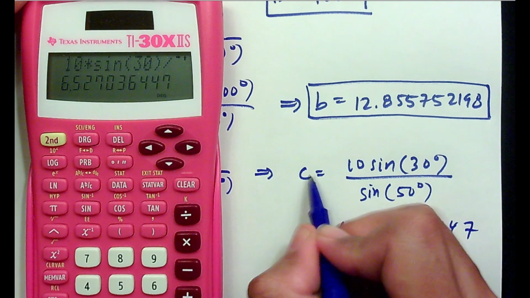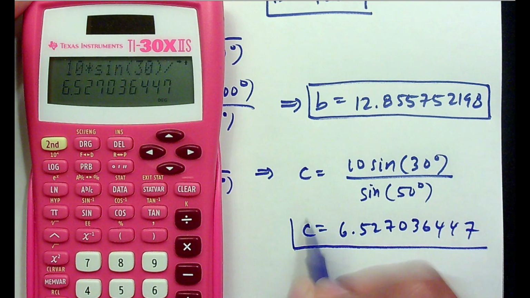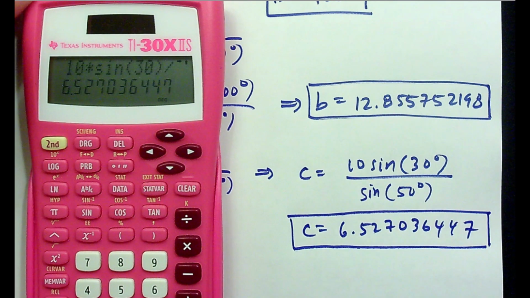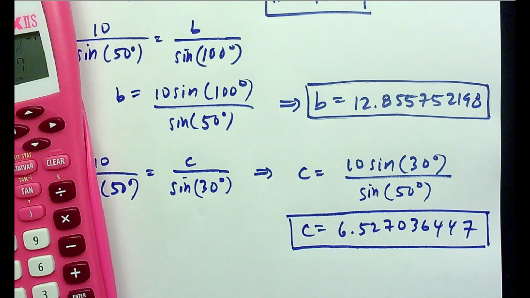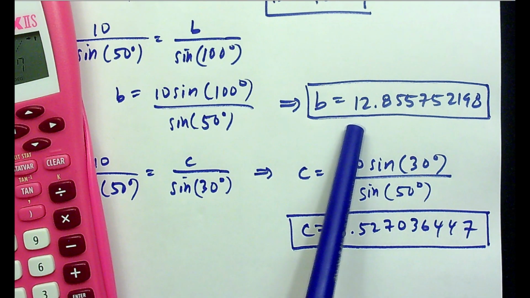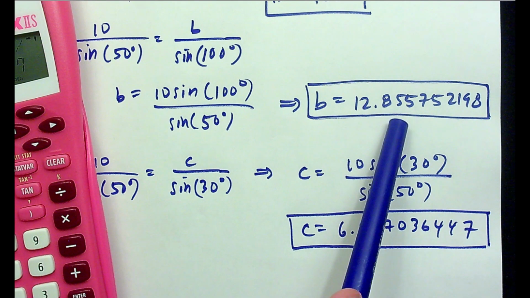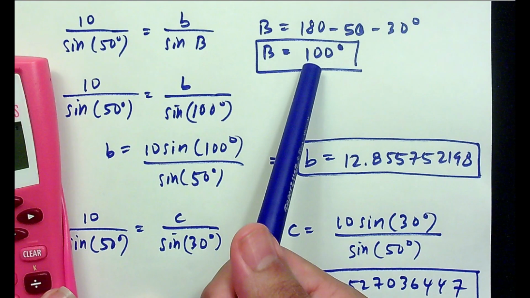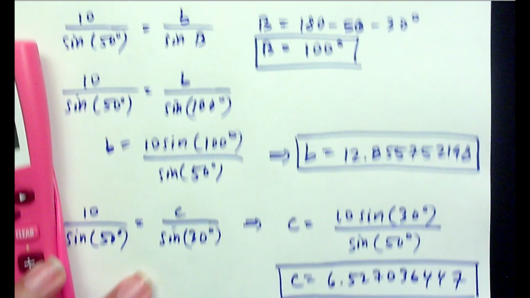That's little c, or lowercase c. If they told us to round to 3 decimals, this would be 6.527, and that would be 12.856. And then there's no rounding needed for 100.